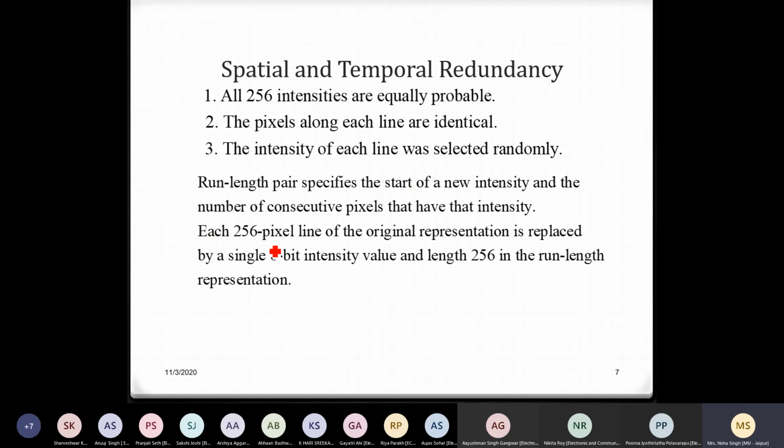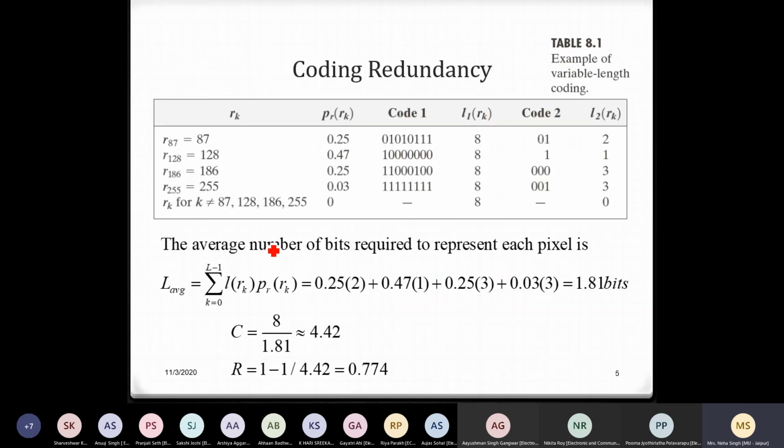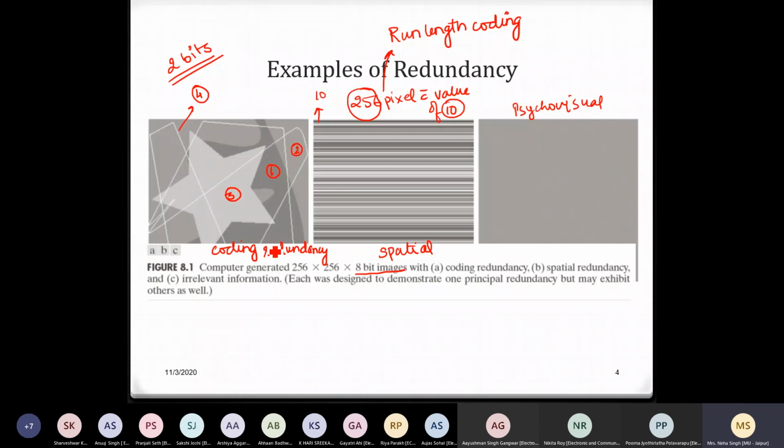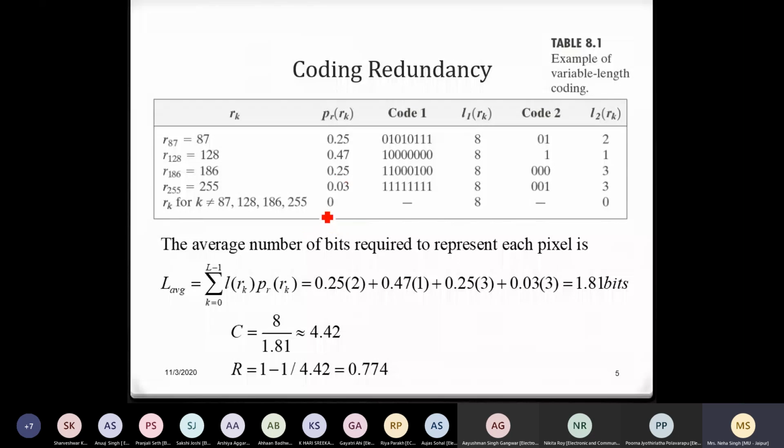Coming back to the first kind of redundancy, that is coding redundancy, where I have an excess number of bits used per symbol. This is the example. The four gray levels that are used in the image are shown here as 87, 128, 186 and 255, and for all the rest of the gray levels, the value is 0.